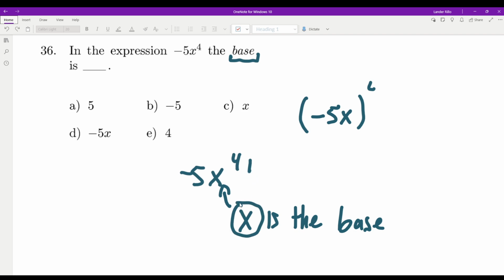It's just going to be x. If it is negative 5x or negative 5, it would be bracketed that way to show that it is to the power 4. But since only x is under it, x is the base, which means that it's C. Okay? That makes sense?